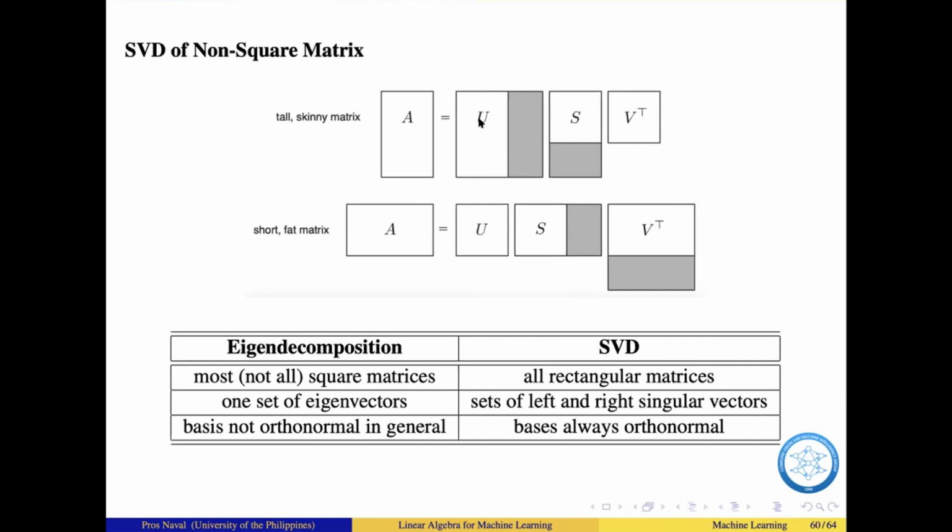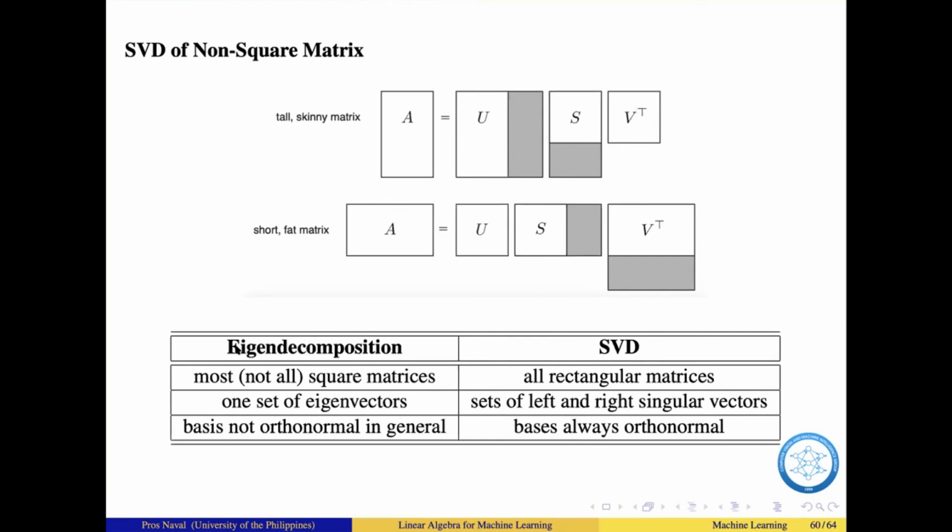So the left singular matrix U will have columns shaded here in gray that are annihilated when multiplied by the corresponding row in the sigma matrix, because these rows are 0. We can actually simplify this by getting rid of these gray areas. I will do that later. But in the meantime, let's compare SVD with eigen decomposition.